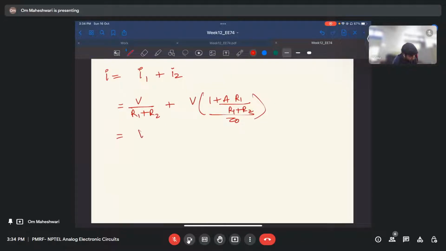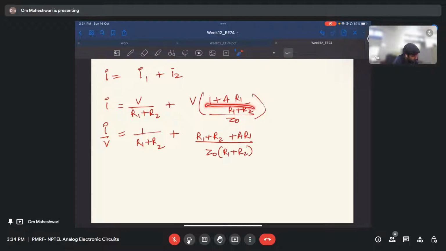Let me simplify it further. Let's take V here, I by V. So I by V is 1 by R1 plus R2 plus A R1 upon Z naught into R1 plus R2. I've taken the LCM here.